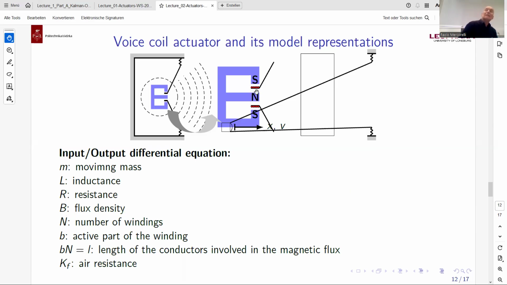And B is basically through the blackboard, which is involved in the flux north-south here. B multiplied by N, as I told you before, is the length of the conductor involved in the magnetic flux.